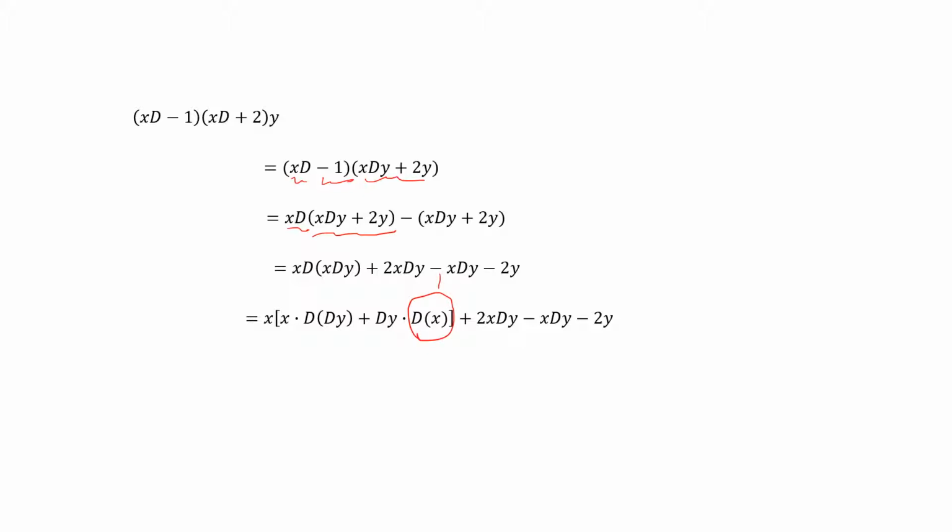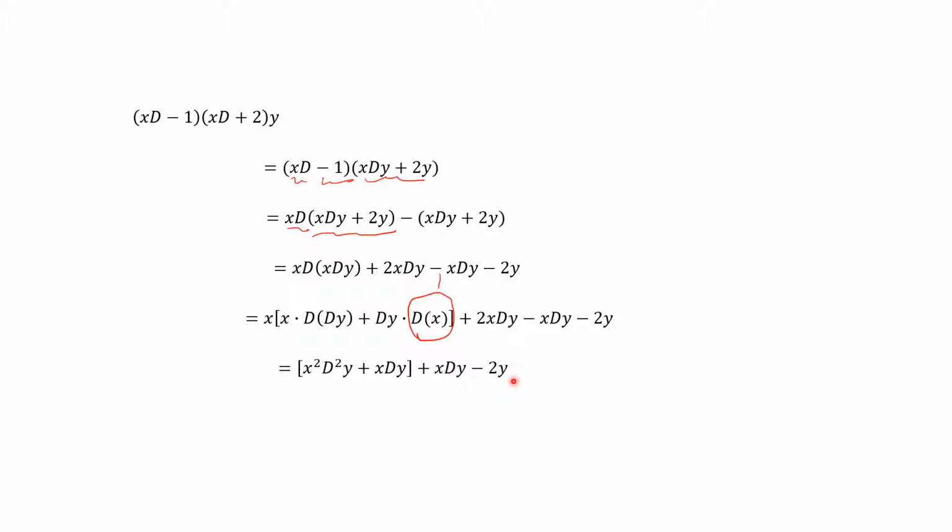Of course, this is the next step. x times x, and then d of dy is d squared y. And then plus, just distribute the x there. x times dy, that is x dy. And then you can combine these: 2x dy minus x dy is only x dy minus 2y.